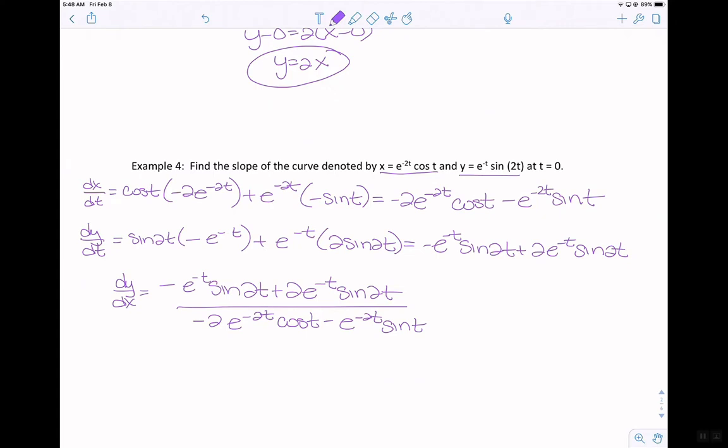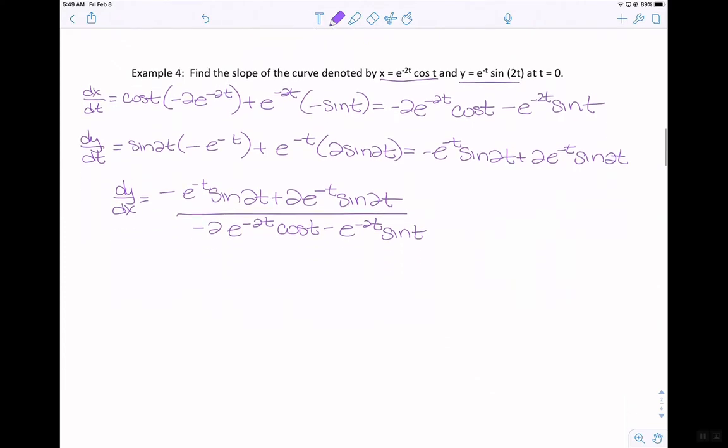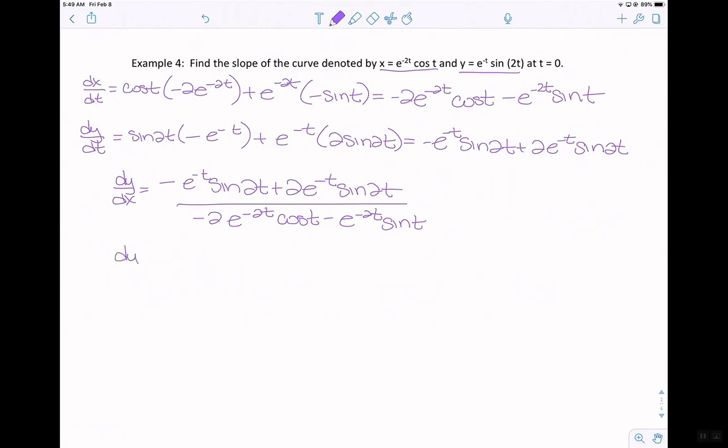So I have this, and now I'm going to plug in 0. If you wanted to plug in 0, because we're going to solve for dy/dx, if you wanted to plug in 0 for dy/dt and dx/dt separately and then take the ratio of them, that's totally fine. But I'm good with making myself live through some torture. So I wrote the ratio first.